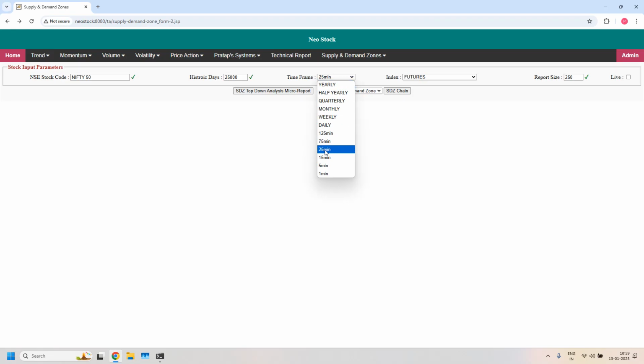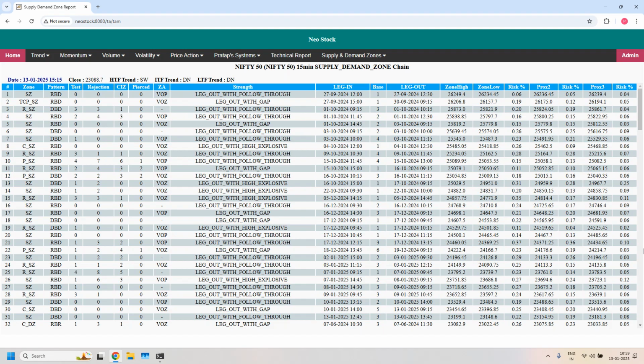Next, 15 minutes supply demand zone chain for Nifty. And all these zones are supply zones except the last one. So I am scrolling the list down so that you can view more demand zones, 15 minutes demand zones.